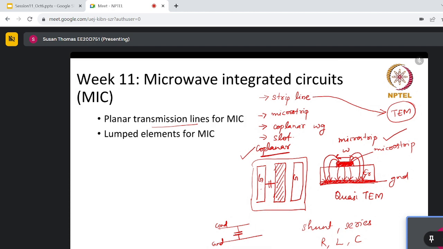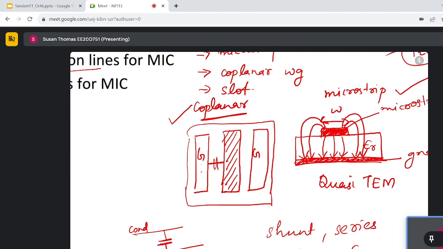The other thing which was covered in week 11 was the lumped elements for microwave integrated circuits. As I mentioned right now, the lumped elements are resistance, inductance, and capacitance. So, how do we realize such elements in microwave integrated circuits? We will have some questions on this.